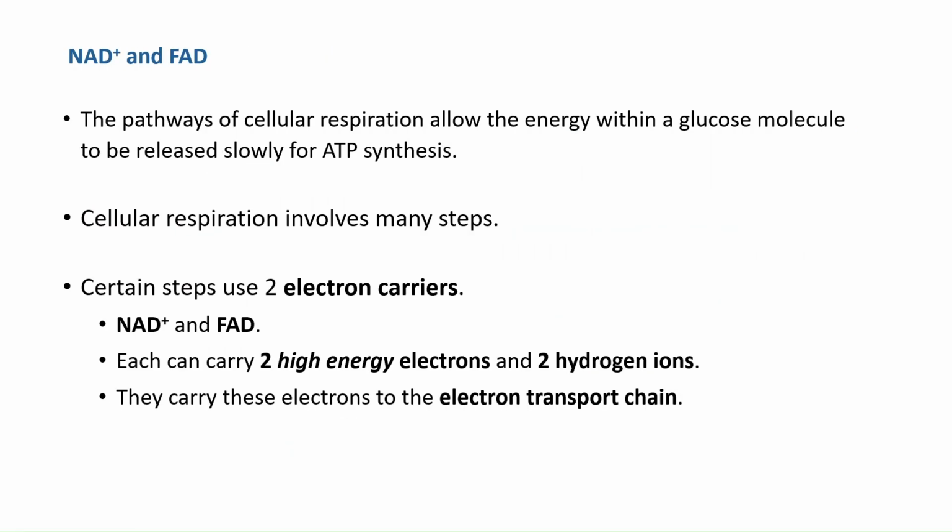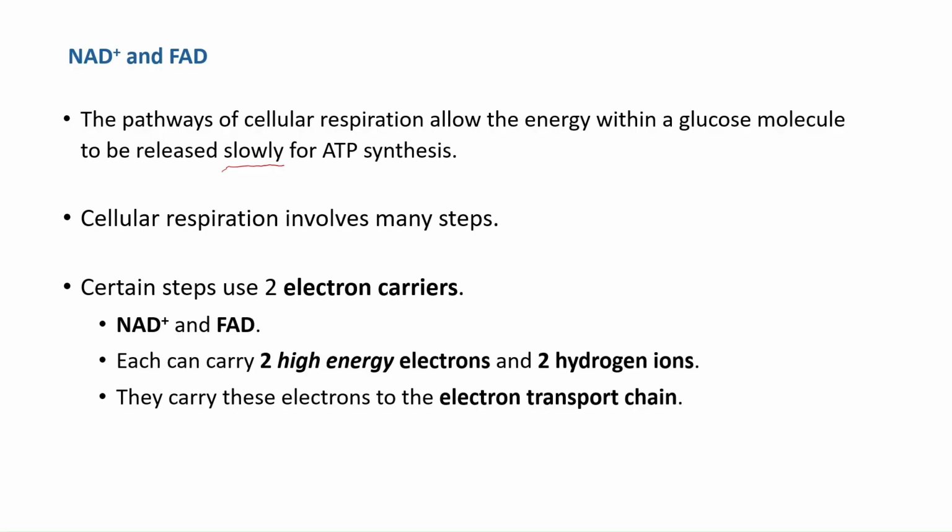I need to introduce 2 molecules because you have a pathway of cellular respiration that breaks down glucose, but to be released slowly. That is key. You know, if you could burn glucose, you can do that. I know it's not glucose, it's dextrose, but you can get sugar, and if you heat it enough, it catches on fire.